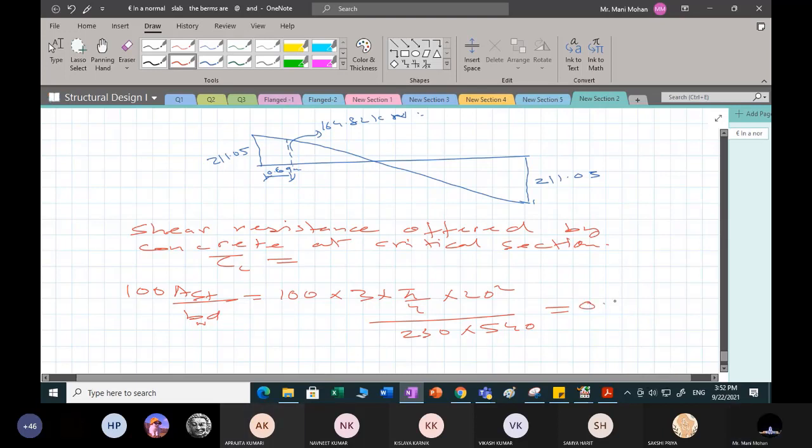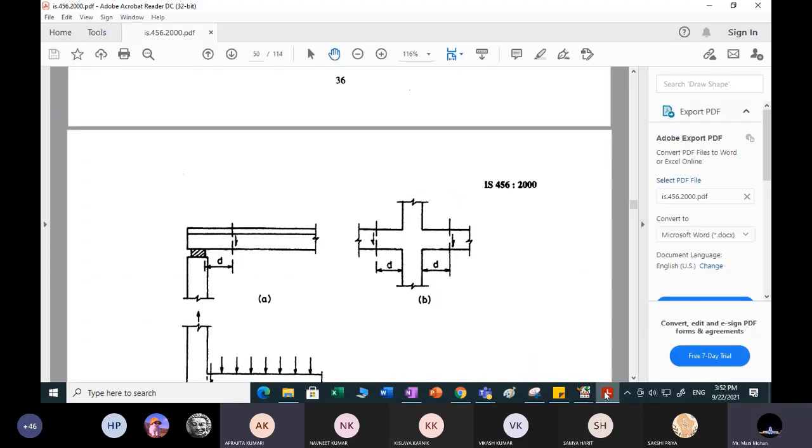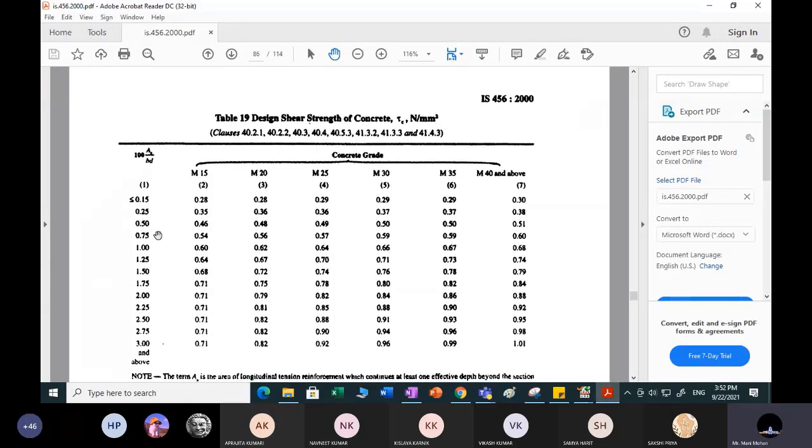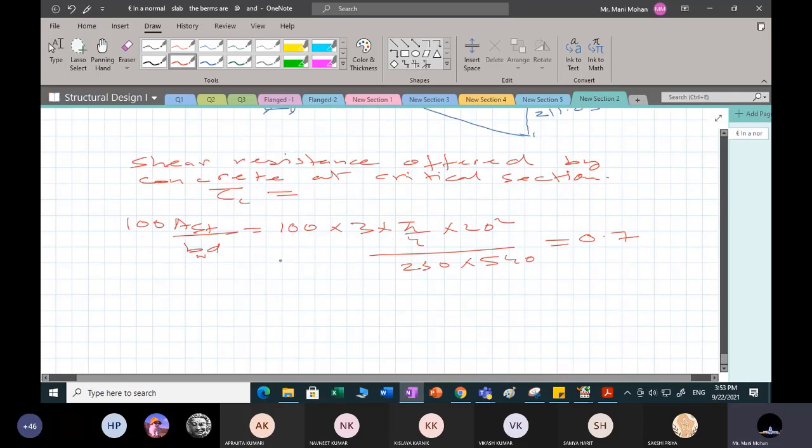0.7. Now you go to table number 19. So 0.7 is lying between 0.5 and 0.75, and you have to interpolate between 0.48 and 0.56. Let me show you how to do that interpolation. You have 0.7, and I need to compute tau c. Here you have 100 AST by BD and here tau c.